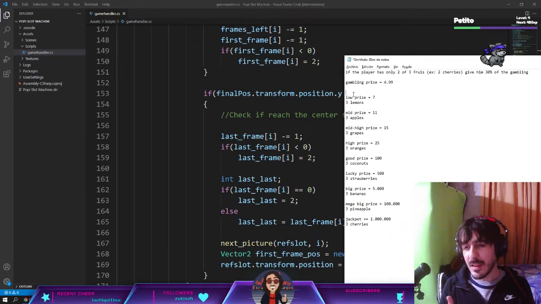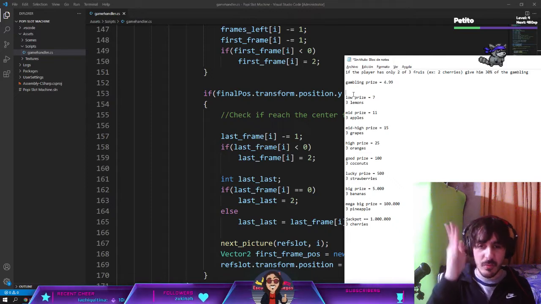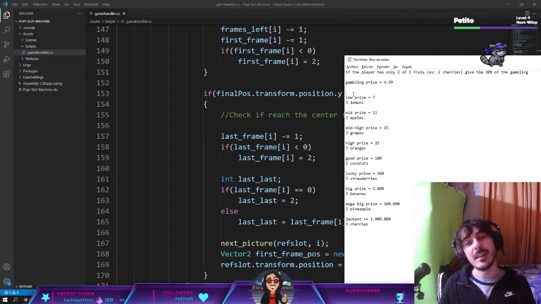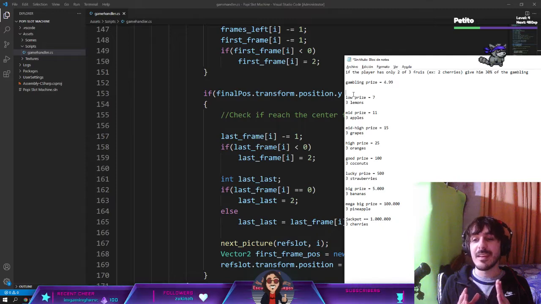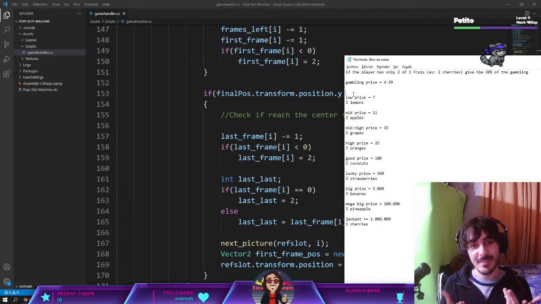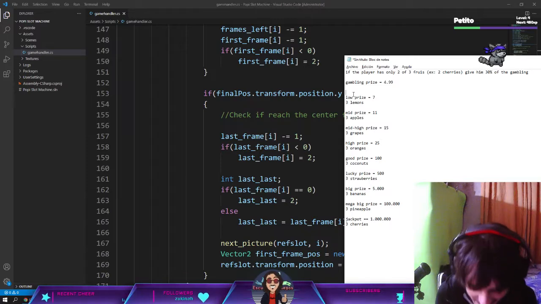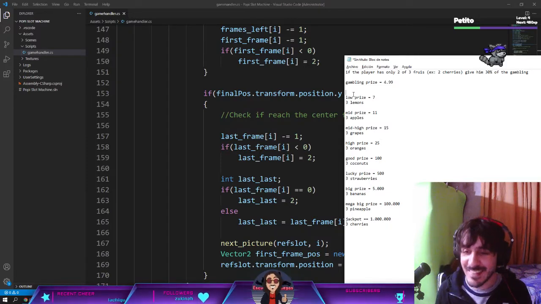Okay, the player will see the machine spinning, and while the machine is spinning, it is trying to figure out, in case he wins, how much. Figure it out.